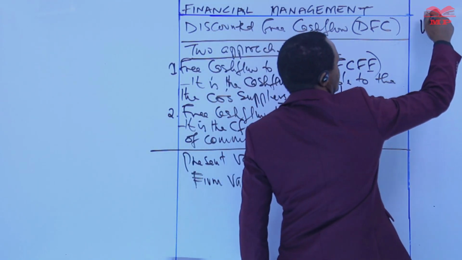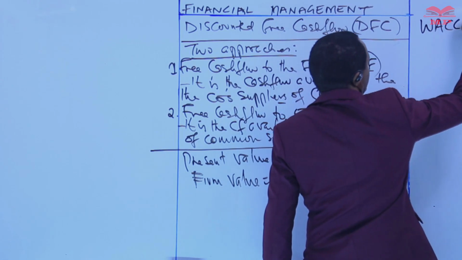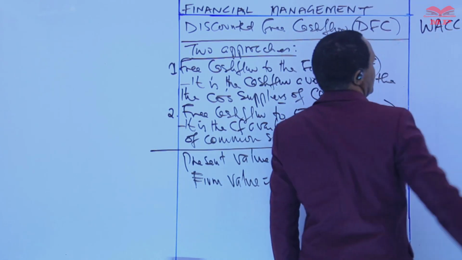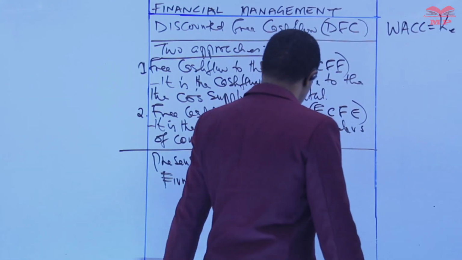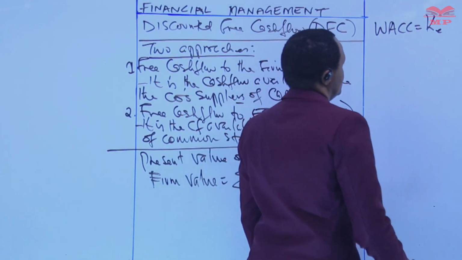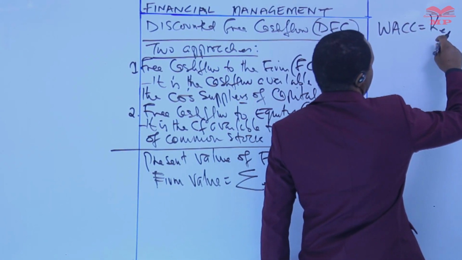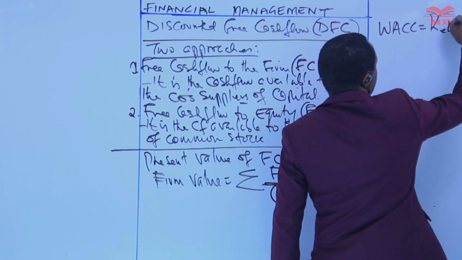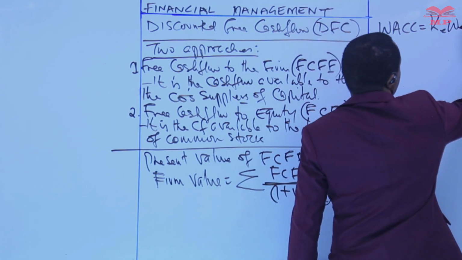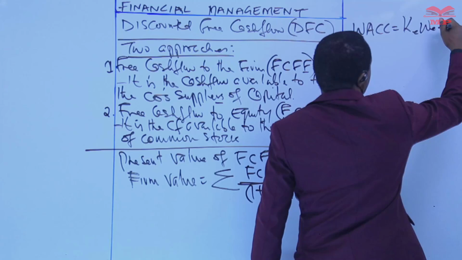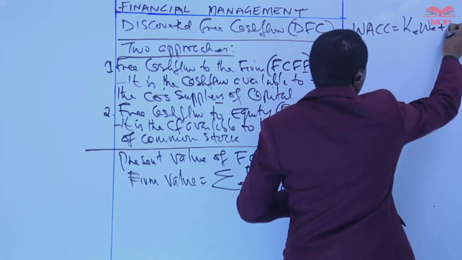The weighted average cost of capital is equal to the weight of equity times cost of equity plus, let me put it the other way.